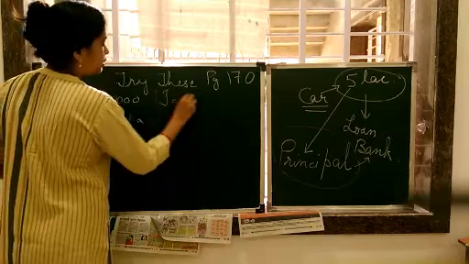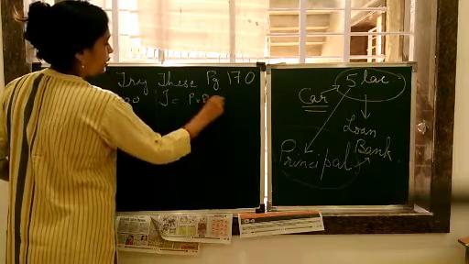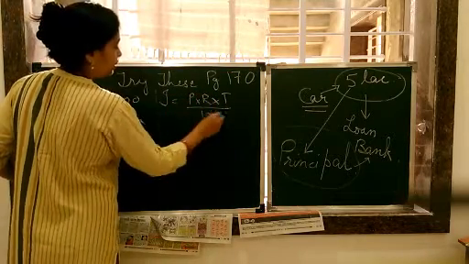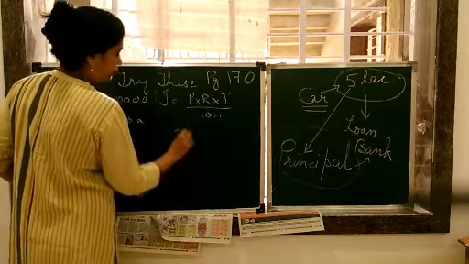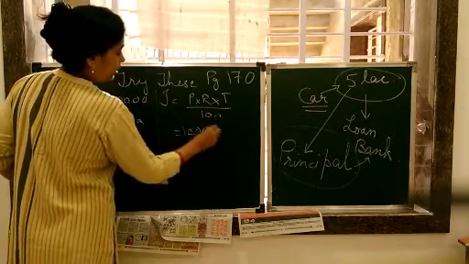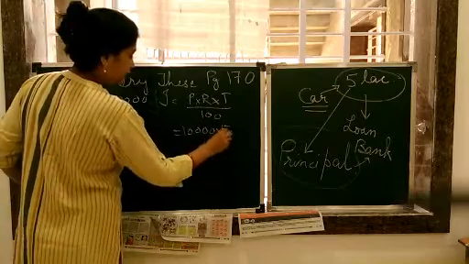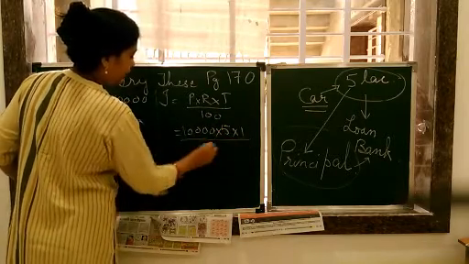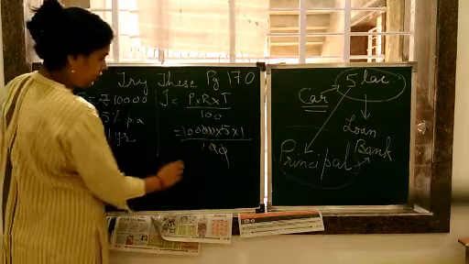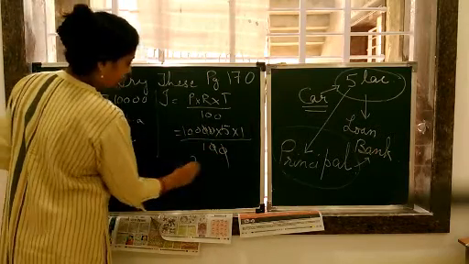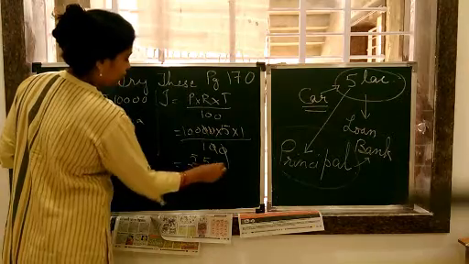So your interest is P into R into T by 100. So P is 10,000, sorry children, 10,000 into 5 into 1 by 100. So the 0s got cancelled. Whatever is left, 100 into 5 is rupees 500.